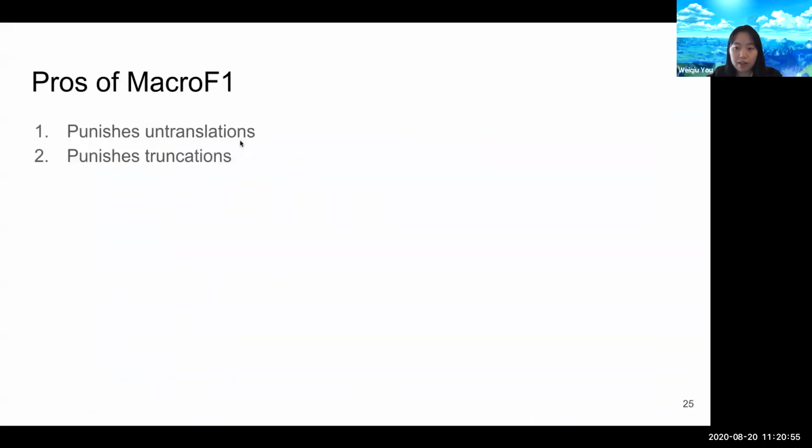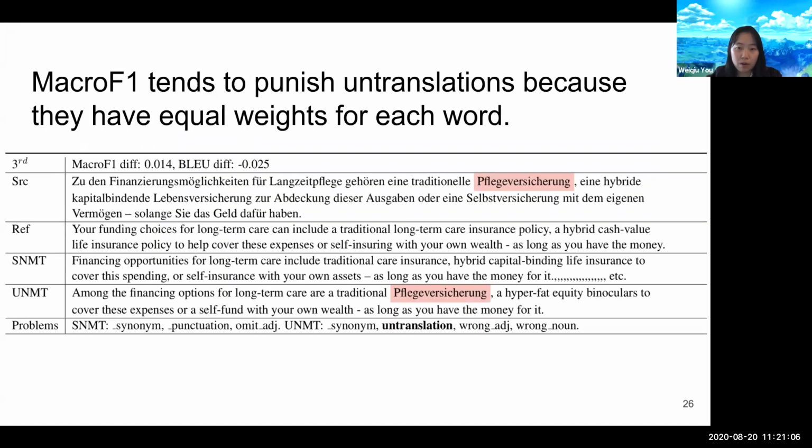So we found these two characteristics for macro F1. It punishes untranslations and truncations more. Here is an example where macro F1 punishes untranslations. The highlighted word is in the source and it's just copied to UMT's translation.